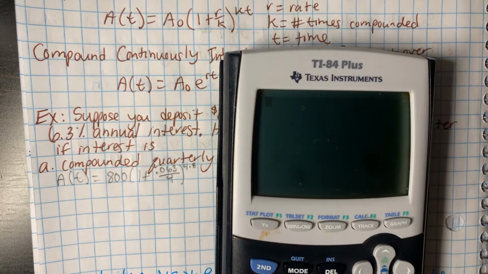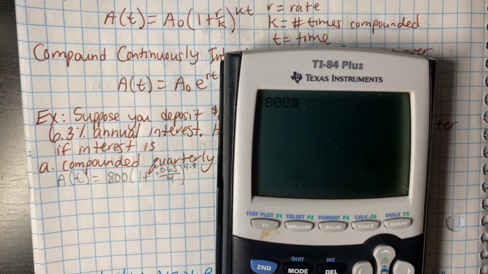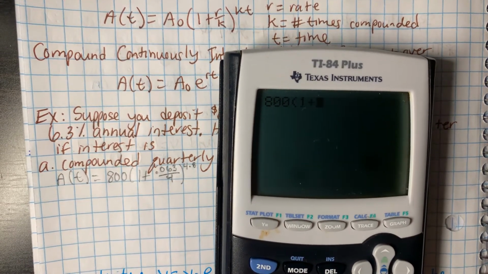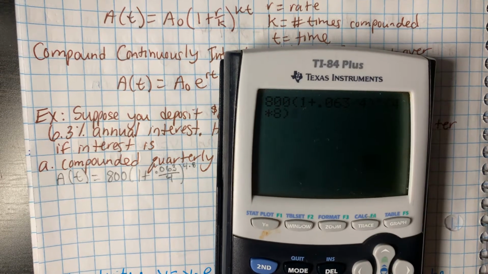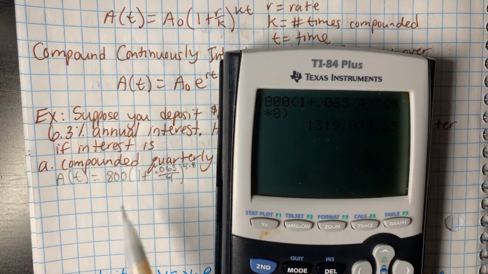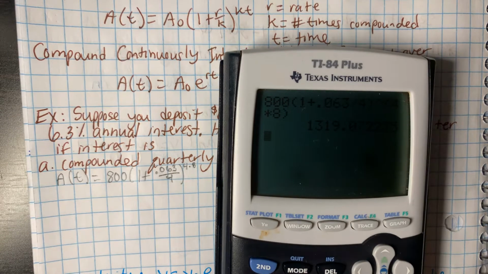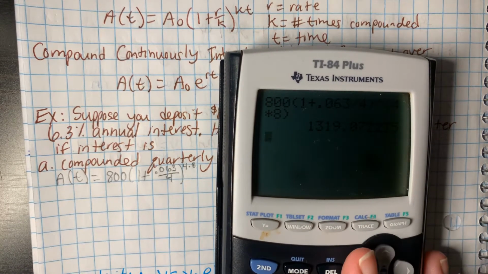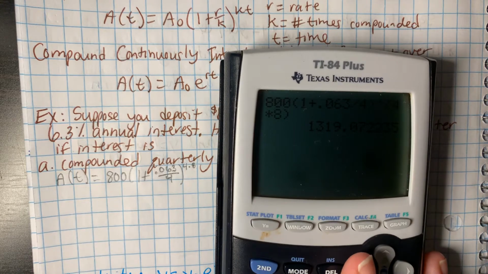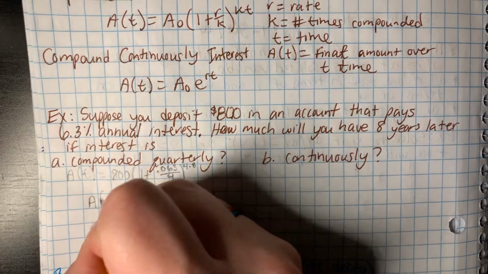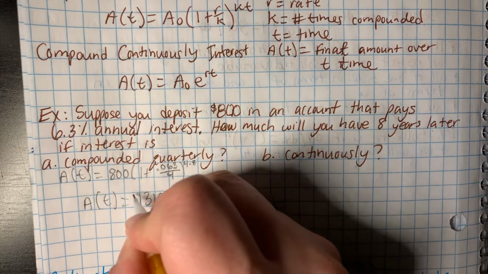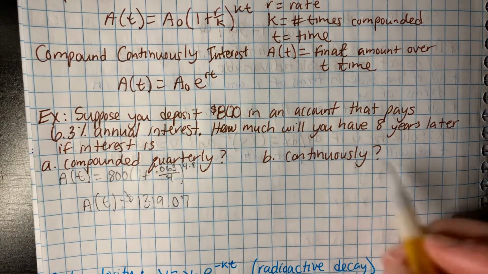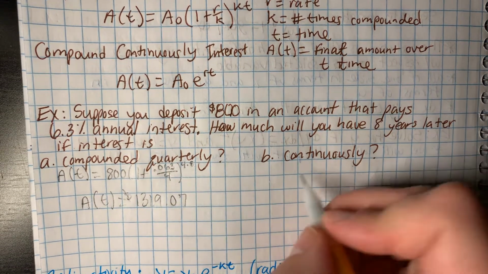So hopefully you can see what my calculator says. 1 plus 0.063 divided by 4, to the, when you do your exponent, make sure you put it in parentheses so the whole thing becomes an exponent. So if we compounded quarterly over that time, our new amount would be $1,319.07. So A of t would be $1,319.07.